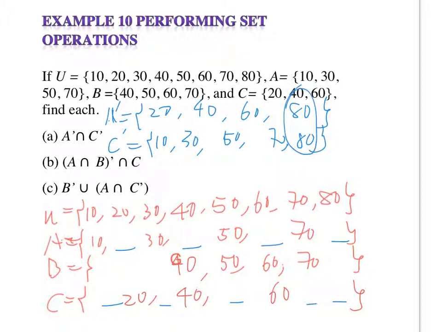And because I'm looking at intersection, the answer for A complement intersect C complement should be just 80. So that's my answer for the first one. Look how many numbers I had to write in order to come up with that one element set. It is rather tedious at this point.